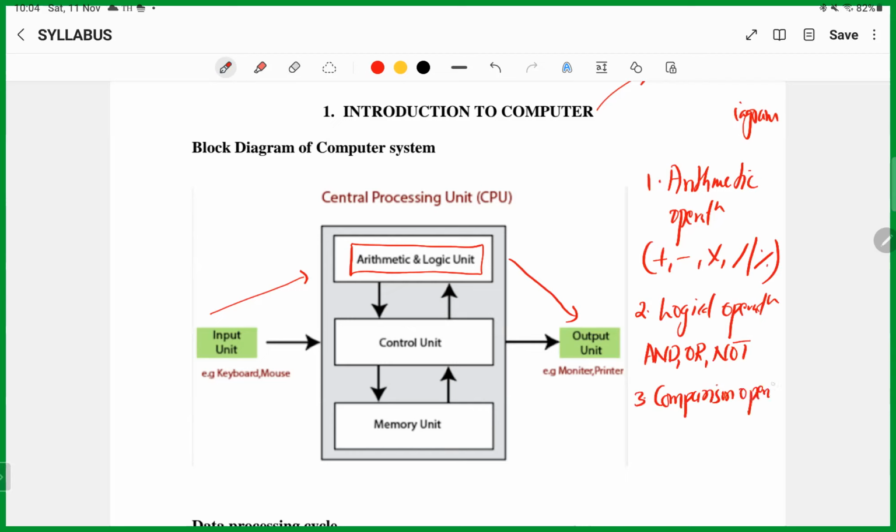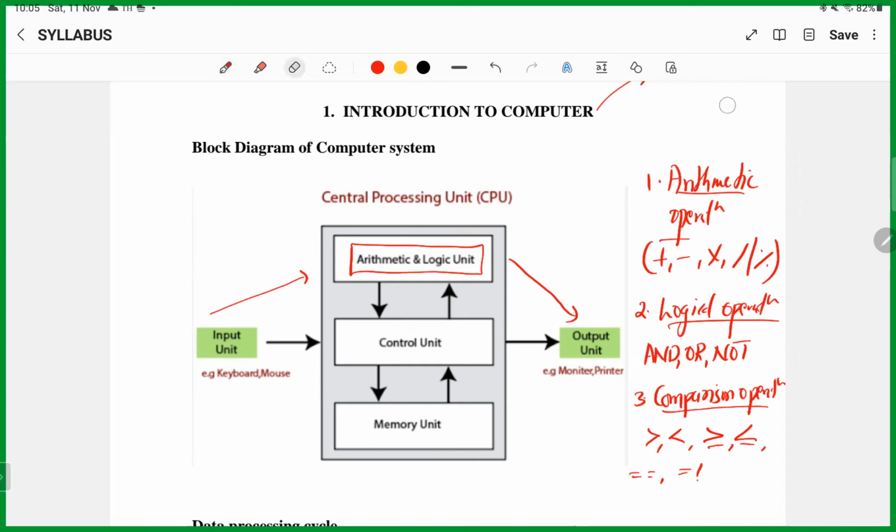Arithmetic, logical, comparison. Comparison: greater than, smaller than, greater than or equal to, smaller than or equal to, double equal to. Now you will have doubts about what double equal to is.